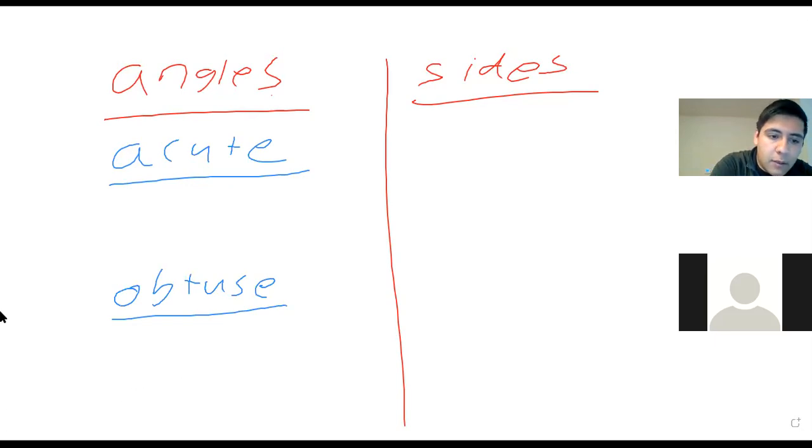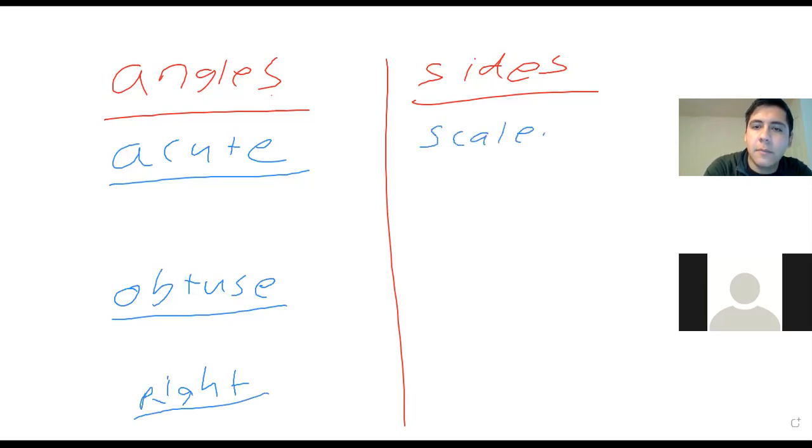And we have a right triangle. And then when it comes to the sides, we have what we would call scalene. We have equilateral.